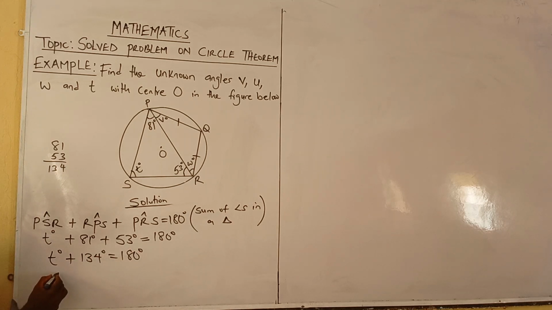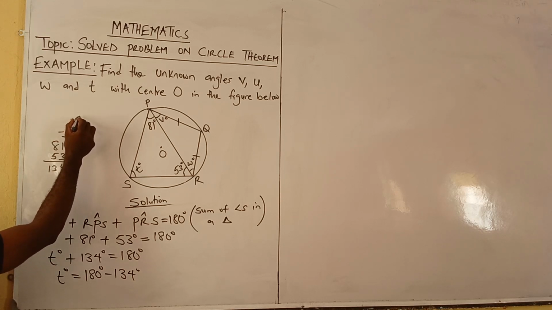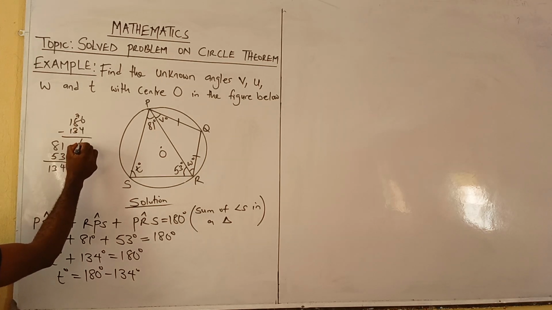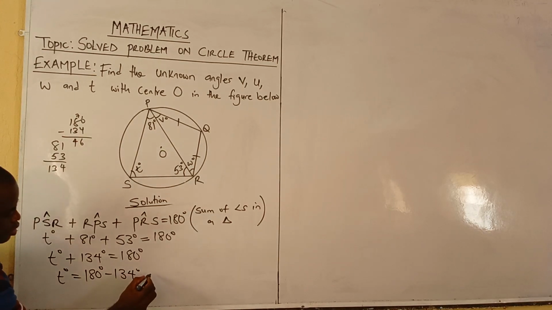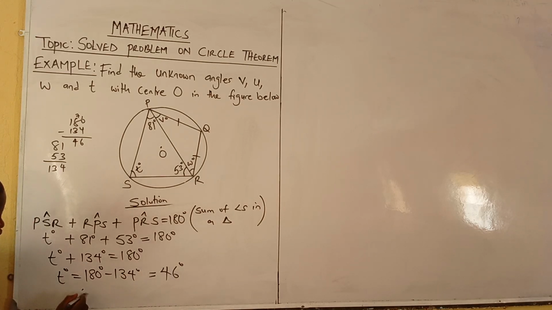Let's collect the like terms. T degrees equals 180 degrees minus 134 degrees. 180 minus 134, borrow 1, that's 10, then 7 minus 3 gives 4, and 10 minus 4 gives 6, that's 46 degrees. Therefore T equals 46 degrees.